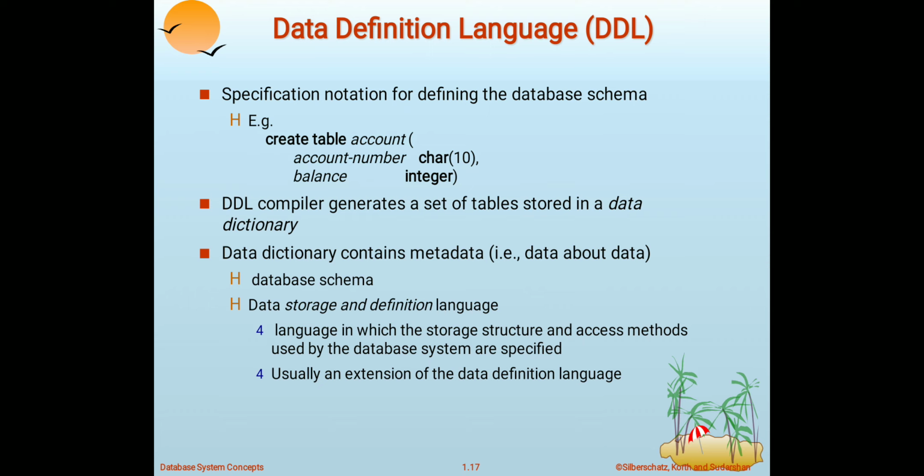In DDL, the compiler generates a set of tables stored in a data dictionary. The data dictionary contains metadata, that is the data about the data, database schema, data storage and definition language.